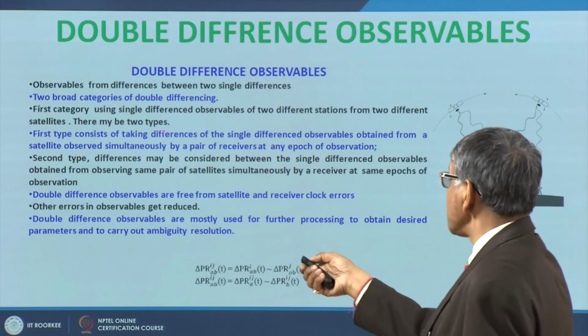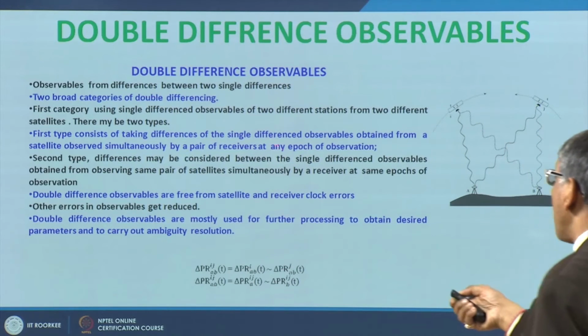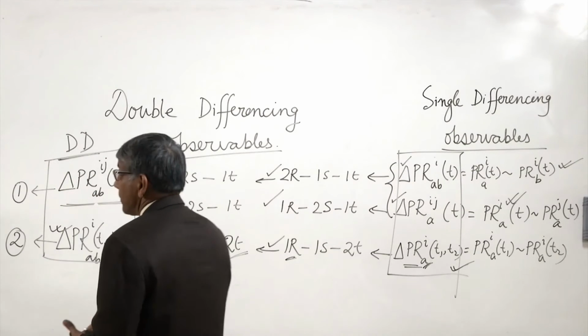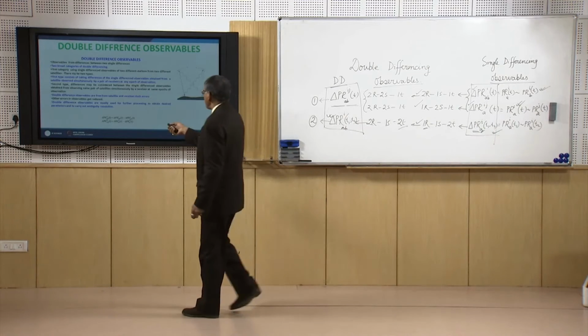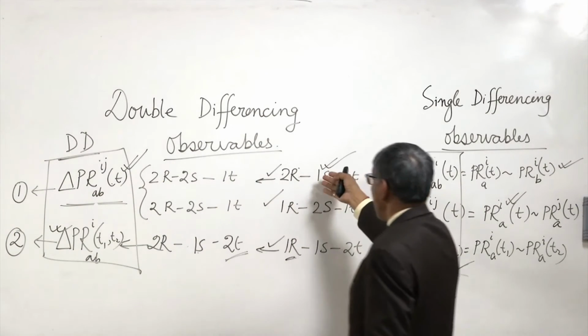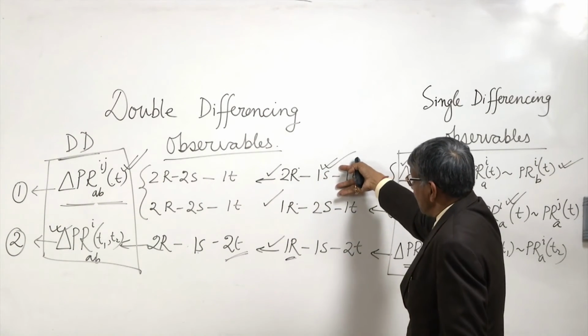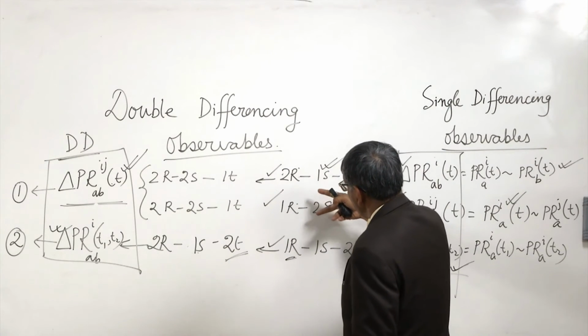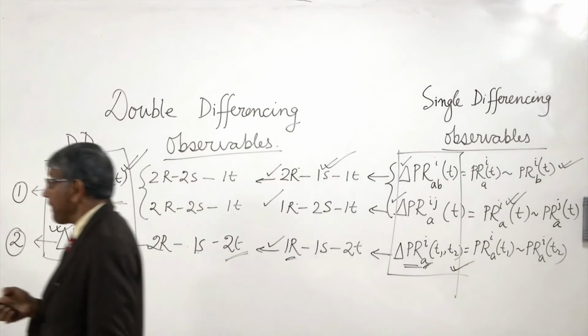The first type consists of taking the difference of single difference observables obtained from a satellite observed simultaneously from a pair of receivers at any epoch of observation. The first category of double difference can be obtained from this first type of single difference, or the difference of this second type of single difference.